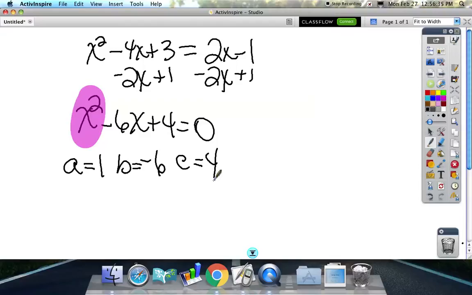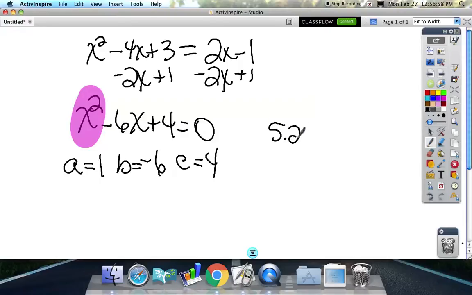Hit the little button above enter, and then it will change that. Press enter. 5.2 what? 4. If you don't give me the correct rounding, you will not get the points.